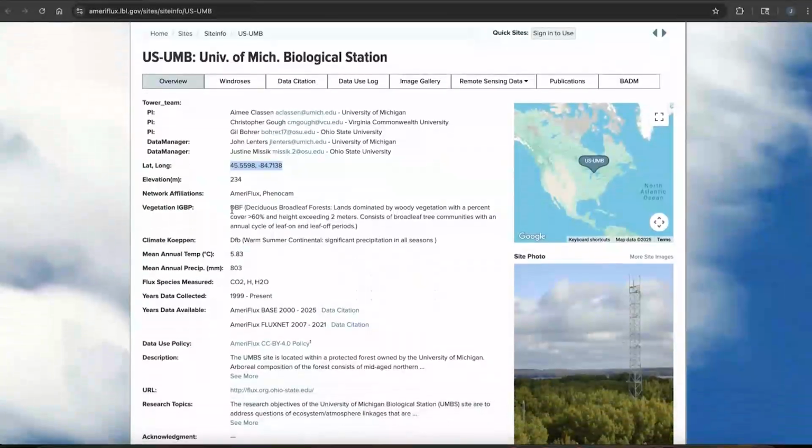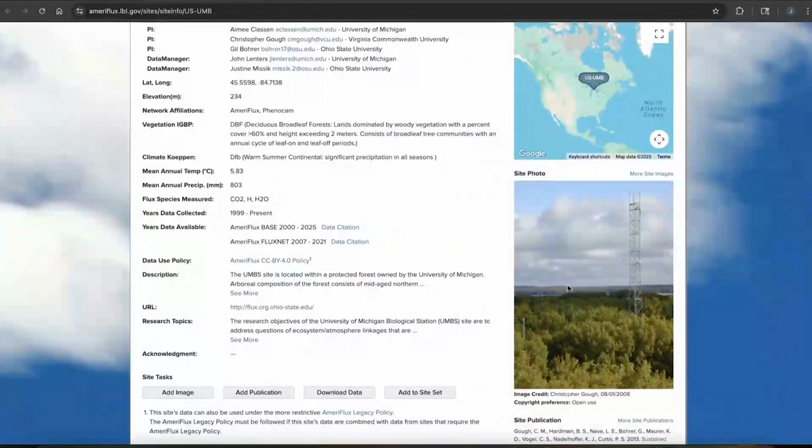We've also got a description of the vegetation information around the site, which I also mentioned at the beginning of this exercise, a helpful picture showing context of what the tower and the surrounding area looks like, and we have links to download the data down here.